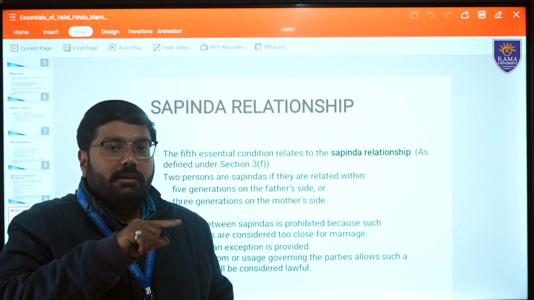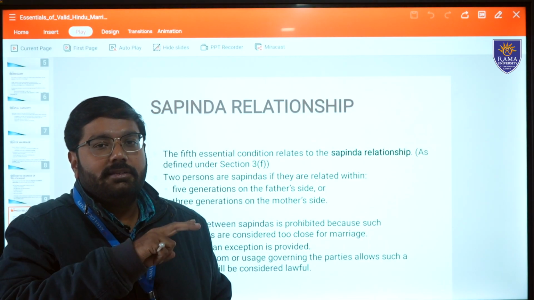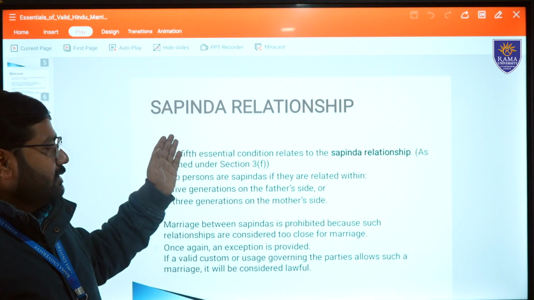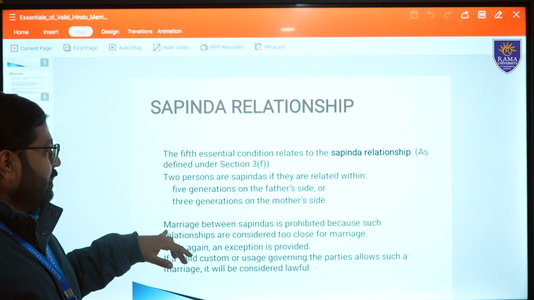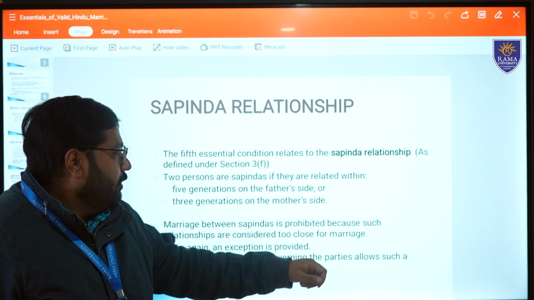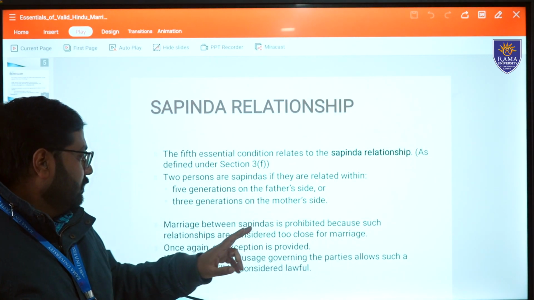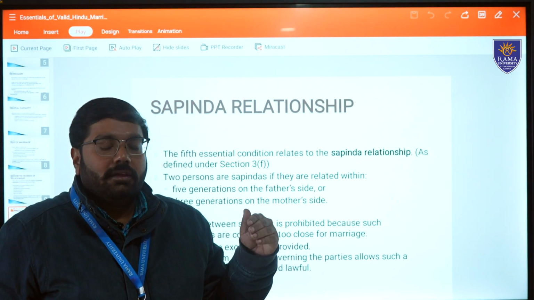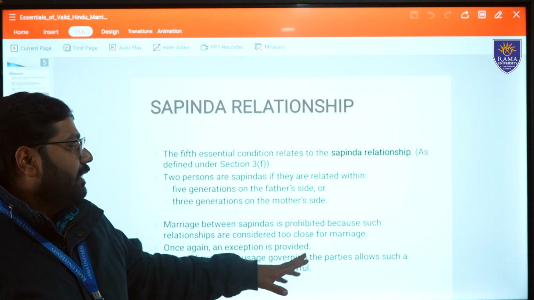If any of the lineage is connected within 5 generations on the father's side and 3 generations on the mother's side, then it is said to be in Sapinda relationship, and the marriage among these is prohibited. The marriage between Sapindas is prohibited because such relationships are considered too close for marriage. Once again, an exception is provided that if a custom or usage permits, then parties are allowed such marriage.